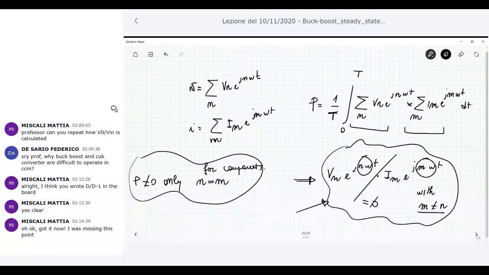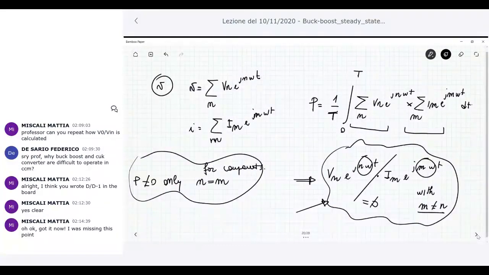This means that if one of the two variables, I don't know, the voltage for example, is just a sinusoid having a specific frequency, then the average power is not null for the component of the current at that specific frequency.